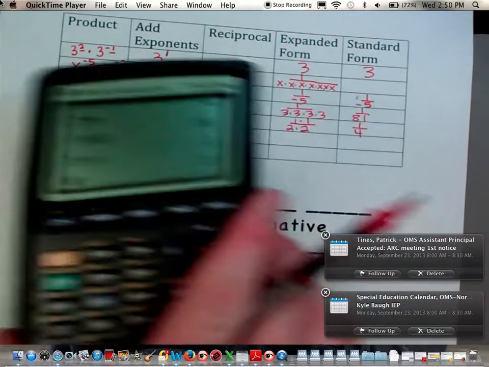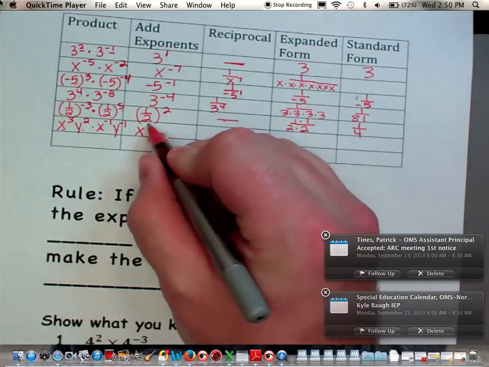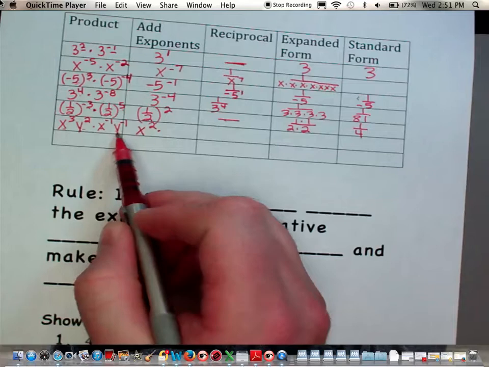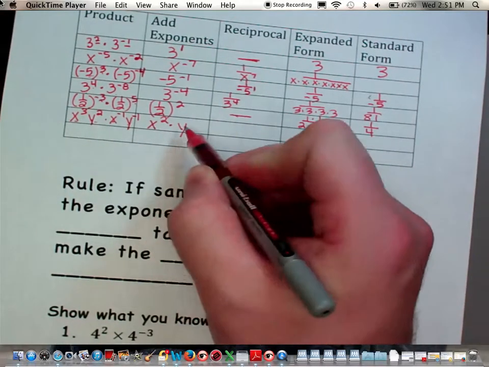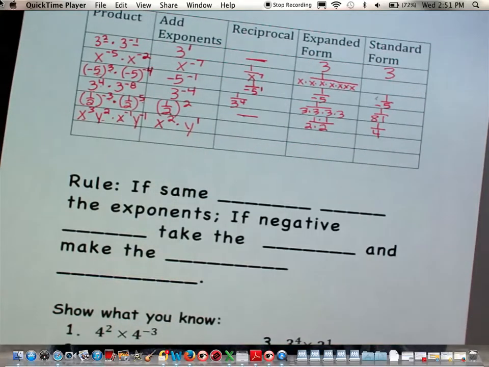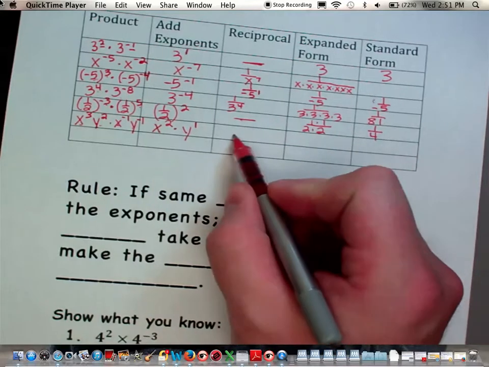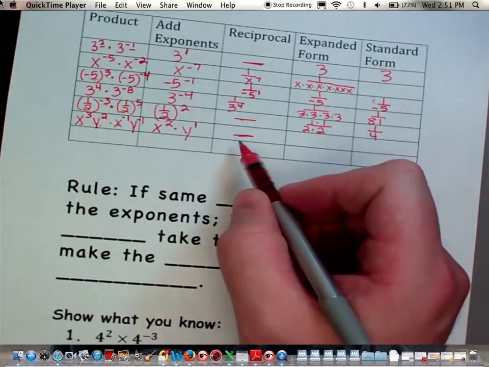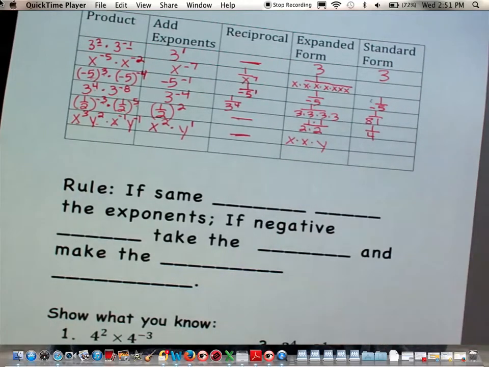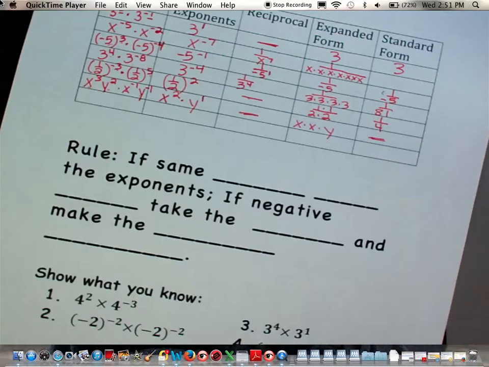I get 2. And then I'm going to multiply that by y and y, because those are like bases. I'm going to do 2 plus negative 1, which is 1. I don't have any negative numbers, so I don't have to do a reciprocal. And I can expand that out by doing x times y. It's the same thing. And there's no standard form on here. Okay?